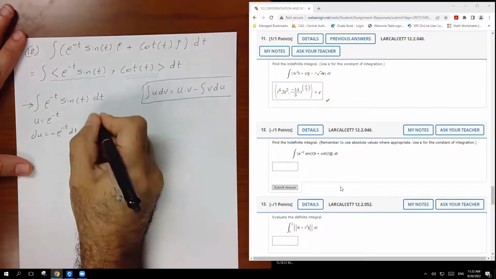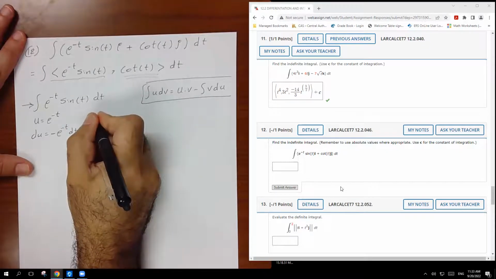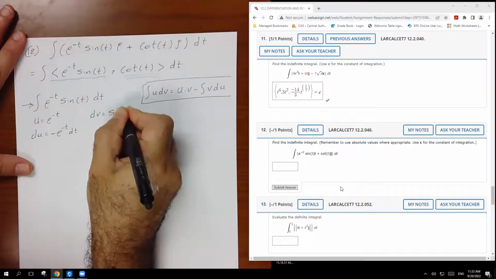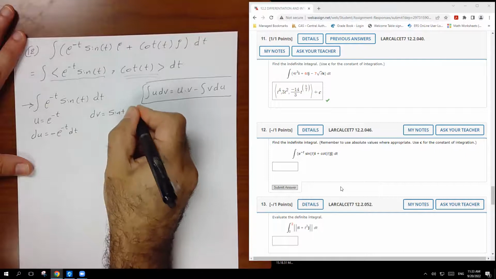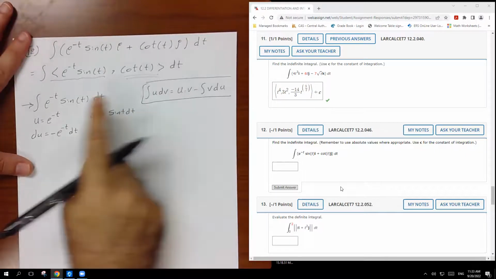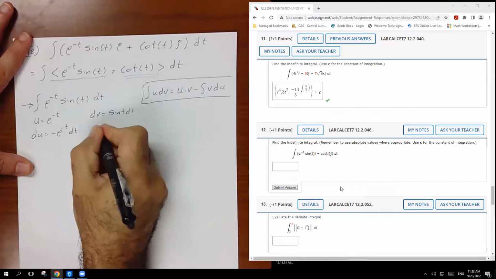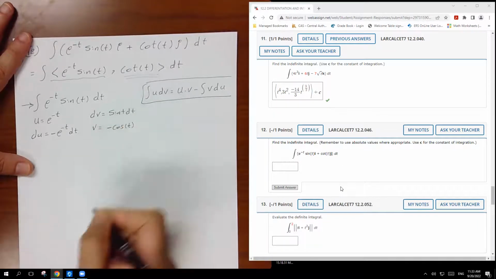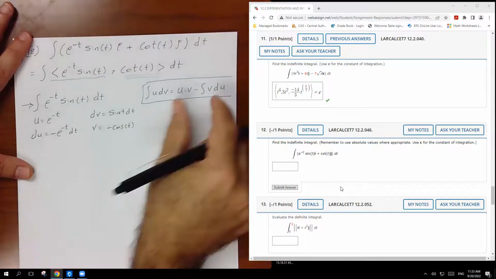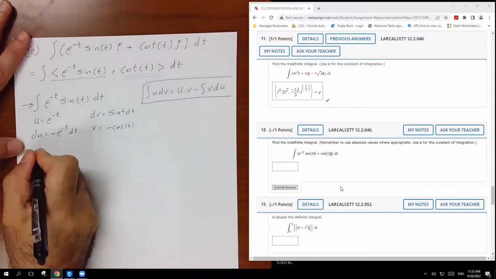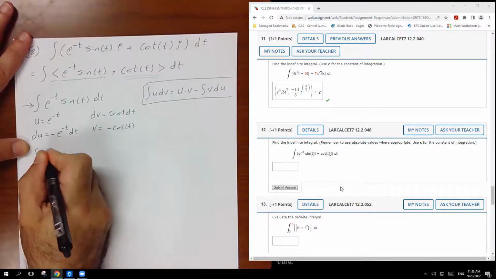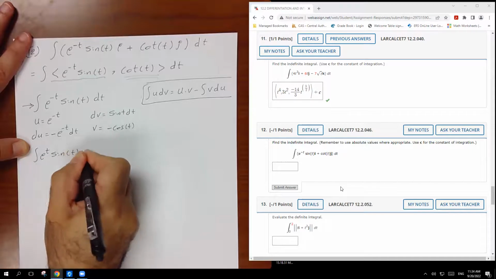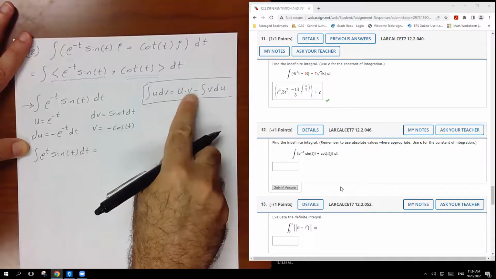And I'm going to let dv equal sine t dt. That means v is going to be negative cosine t. I'm going to plug in everything here. So the integral of e to the negative t sine t dt is going to be equal u times v.